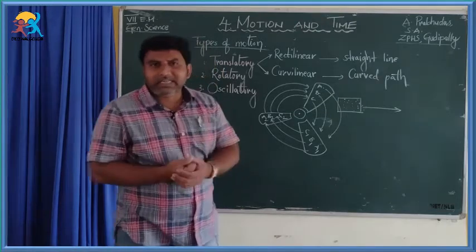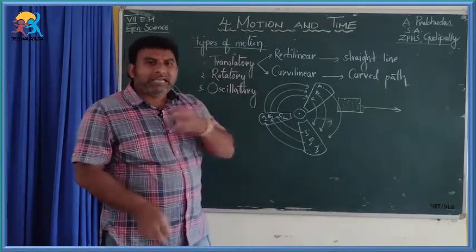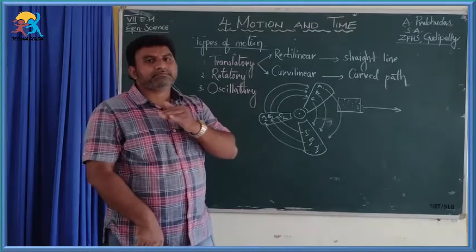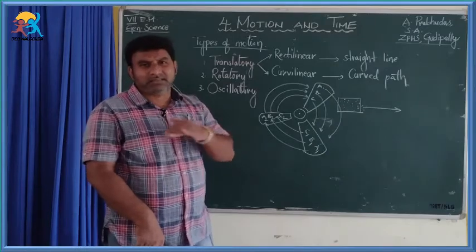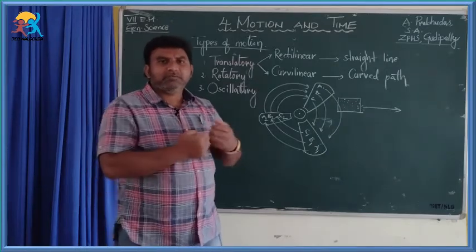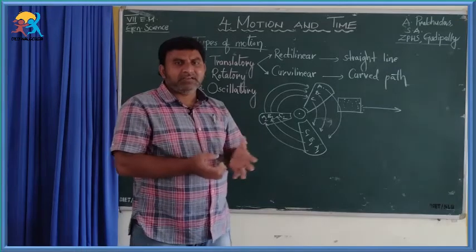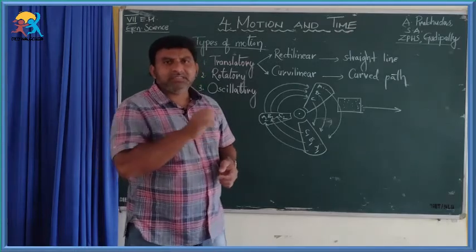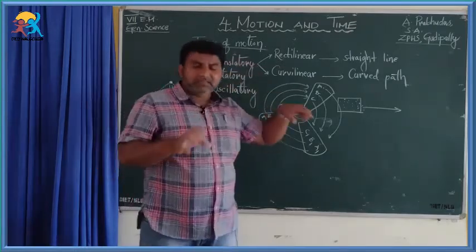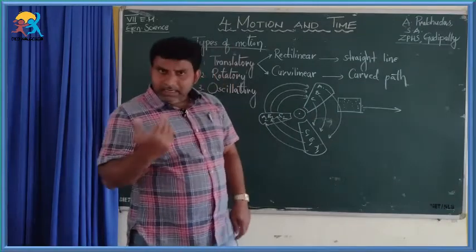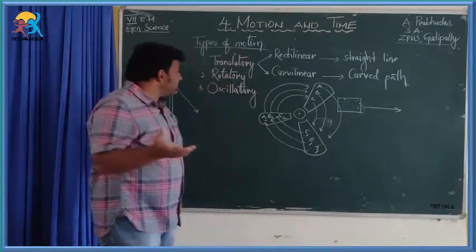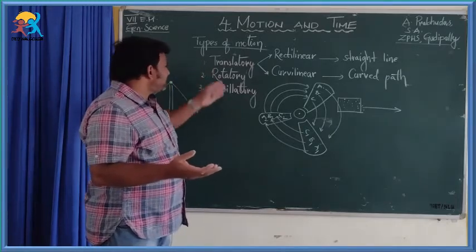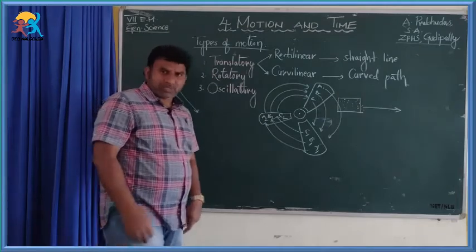So, the criterion for classifying these types of motion is the direction or the path in which the moving object moves. Depending on the direction of the path of the moving object, the motion is of different types, and you can give many examples of objects having translatory motion, rotatory motion, oscillatory motion.